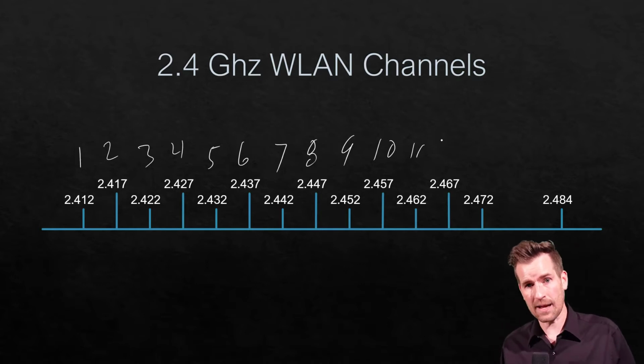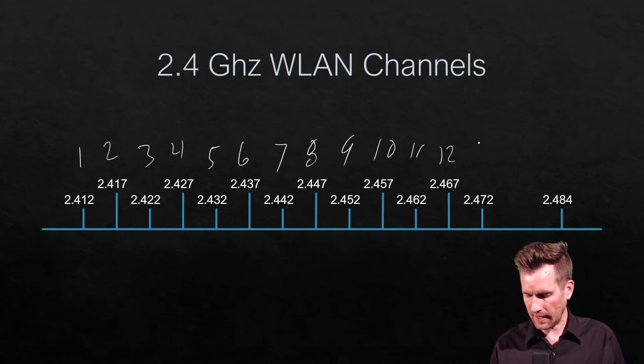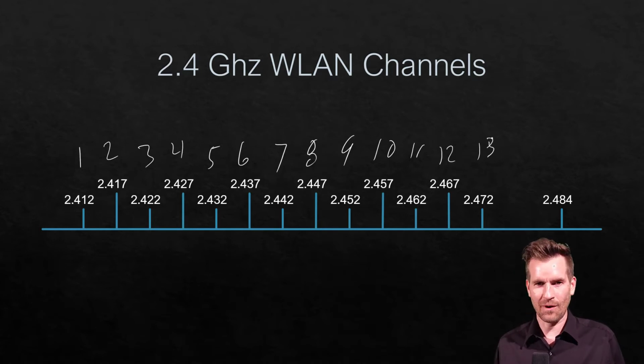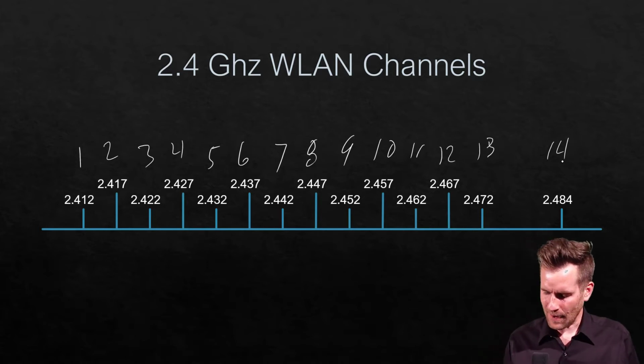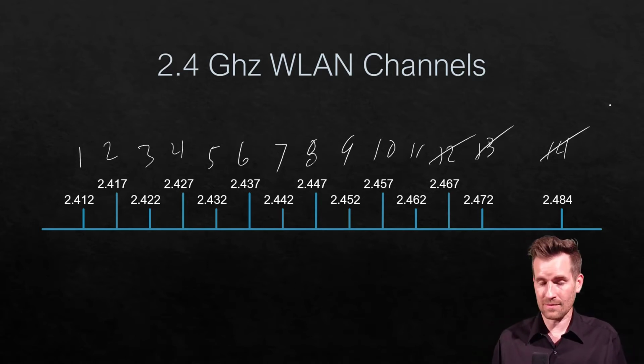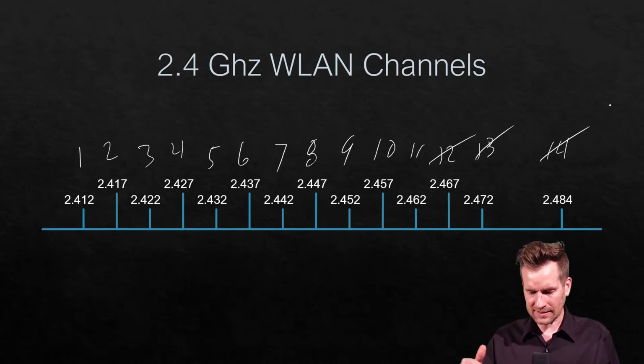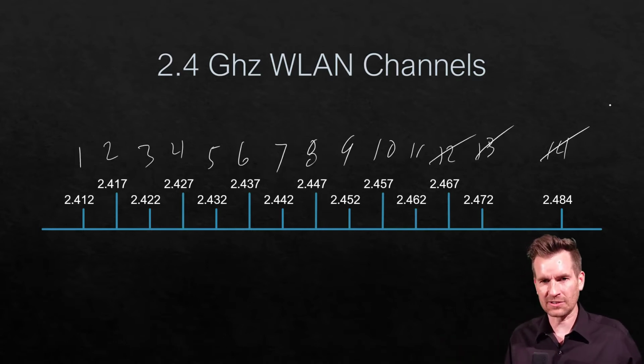And then in some countries, they have 12 and 13. And one country, I think, has 14. Maybe a couple of countries have 14. So really, I'm not going to consider these too much in the next discussions, but you'll see that we have these channels that we operate in.